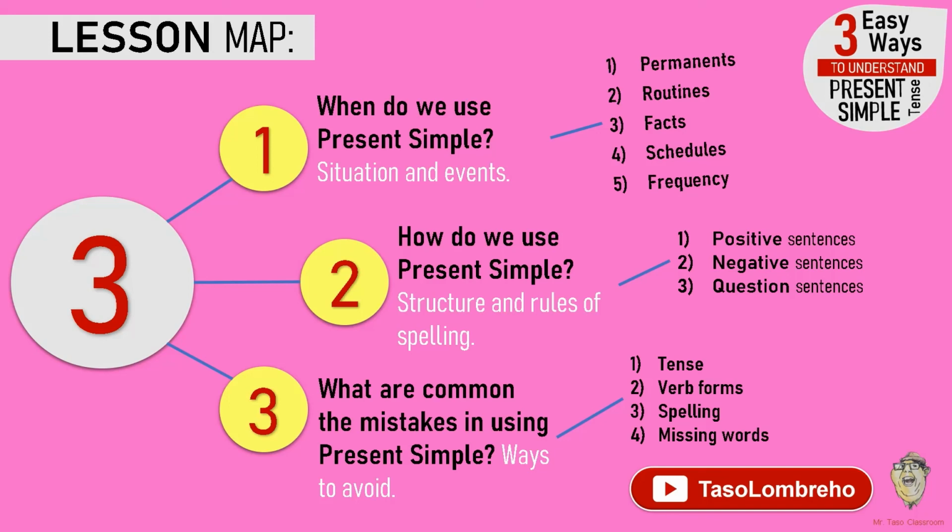The second one is, how do we use present simple? And number 3 is, what are the common mistakes in using present simple? We have discussed all these items one by one. I hope you can understand present simple tense better.